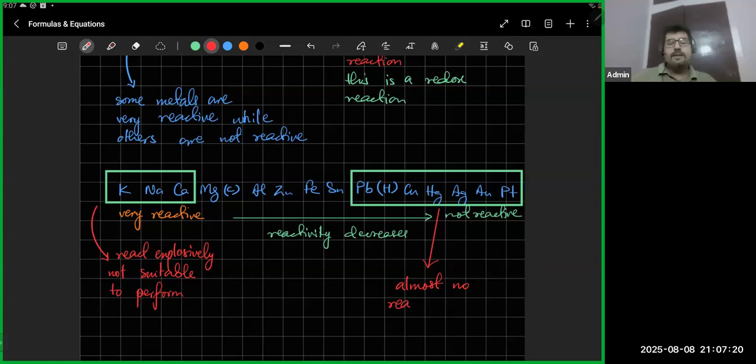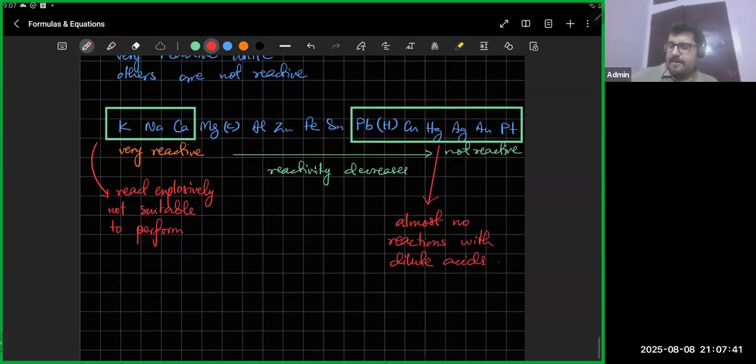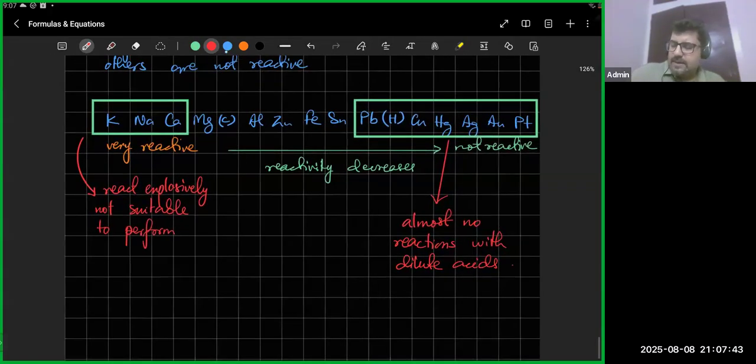A dilute acid is the one that you normally use. You don't normally use the highly concentrated acids. So almost no reactions with dilute acids. It's kind of pointless to actually perform those reactions.